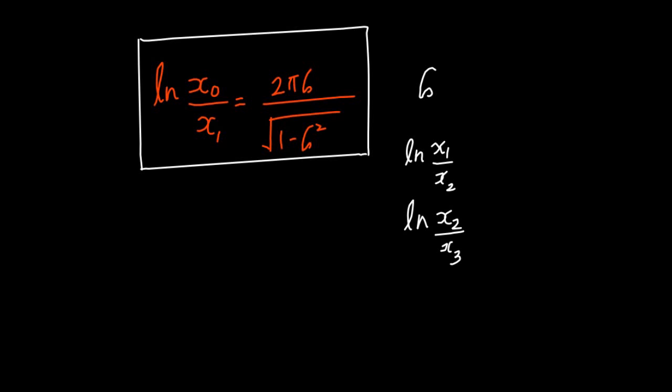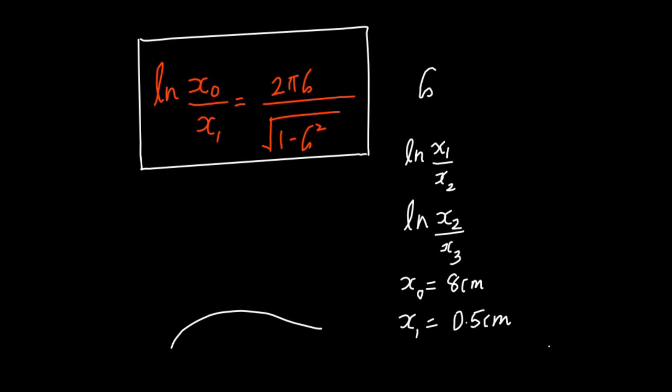Suppose you are designing an automobile, say for example a car, and there is a bump that your car wants to take over. When the car is moving over this bump, maybe the initial amplitude x naught is, for example, 8 centimeters, and you want that in the next cycle to drop to 0.5 centimeter.